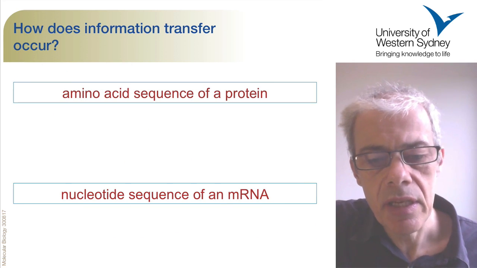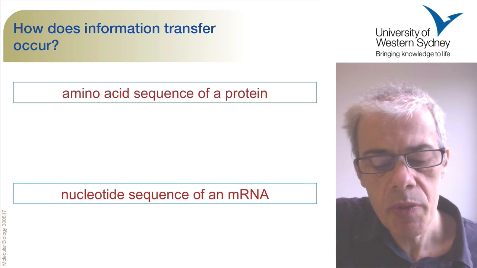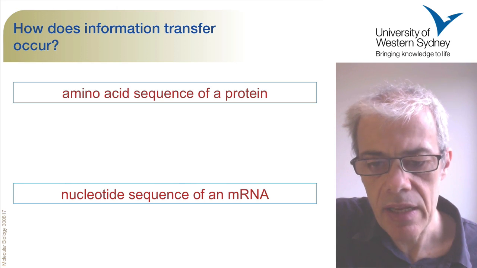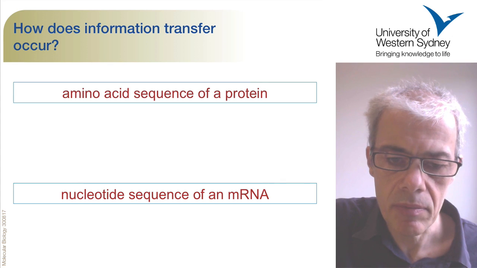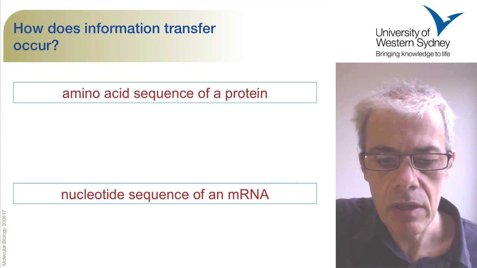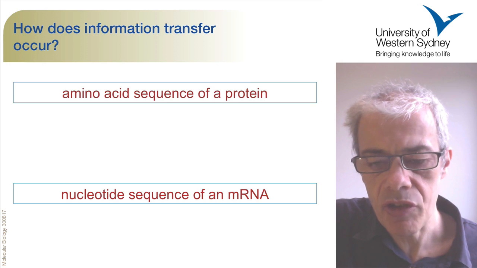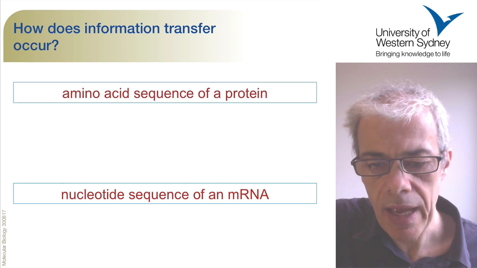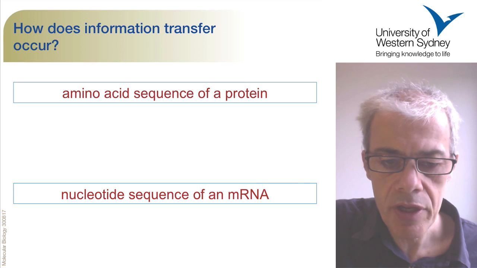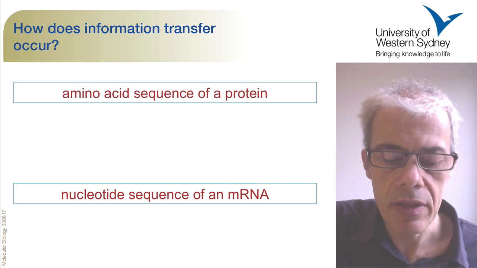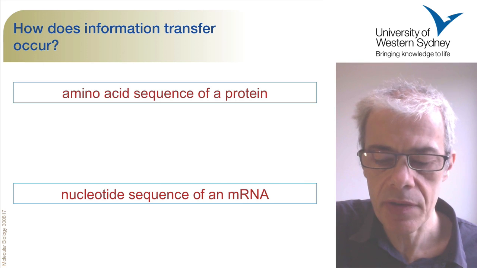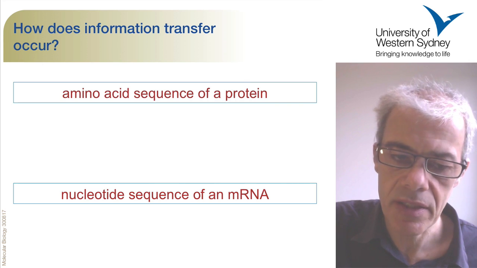So the big question is, how do we go from a messenger RNA sequence to a protein sequence? The messenger RNA is a string of nucleotides, and as you probably know, 3 nucleotides form a codon, and each codon specifies a particular amino acid.